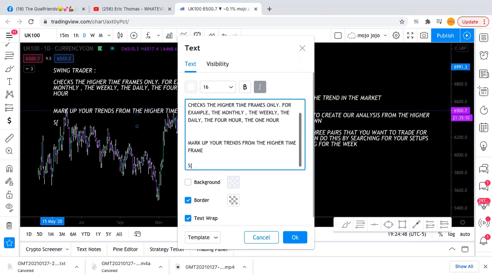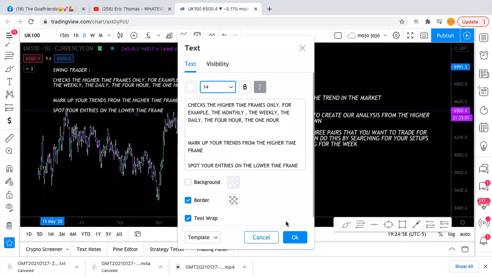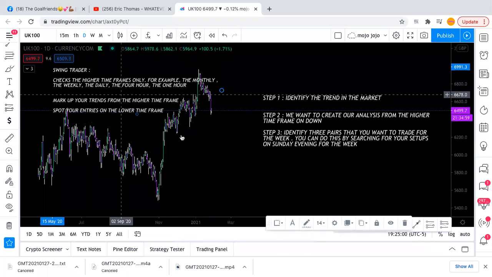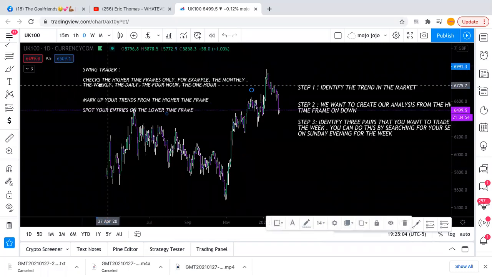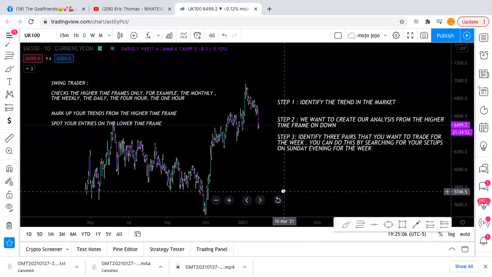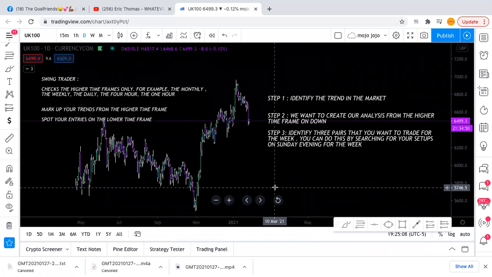You will spot your entries on the lower time frame. Please write this down. Write down the steps and write down what you will be looking at as a swing trader.